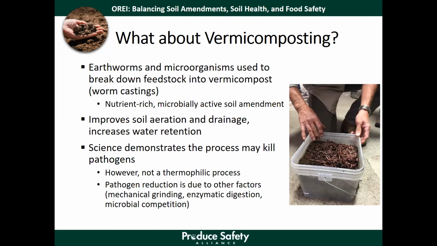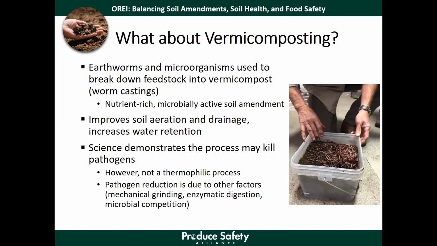And there are some benefits to using vermicompost, very similar to traditional compost. So improving soil aeration and drainage, increasing water retention. I know Margaret talked about this a little bit earlier. And the last thing I want to mention here is that we're still waiting on a lot of data for what vermicomposting means in terms of produce safety.